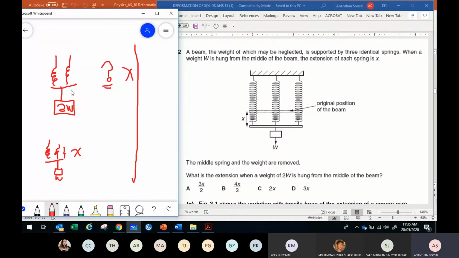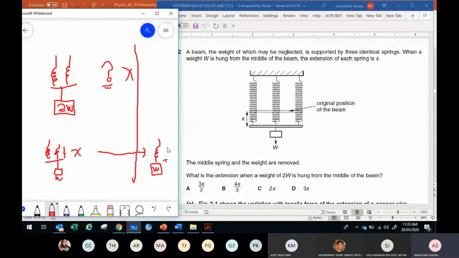I want to reach this system. First, what I do, I go for a single spring first. Single spring with W should be how many X? 3 springs with W is X. Single spring with W, how many X?